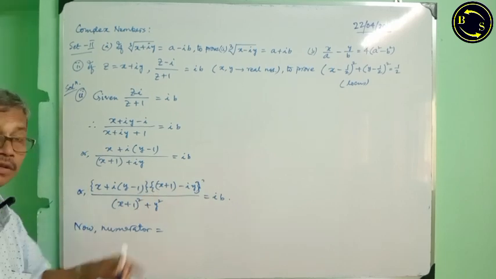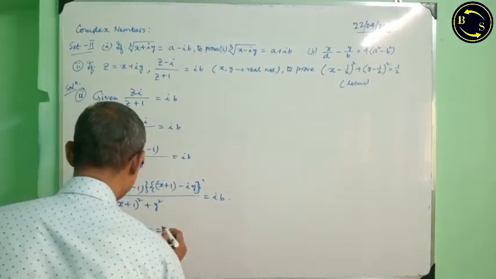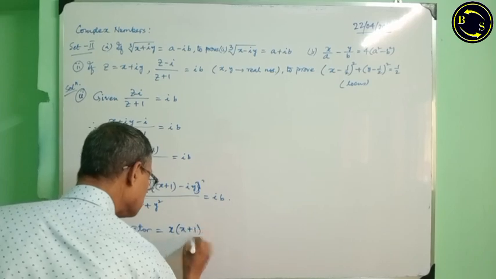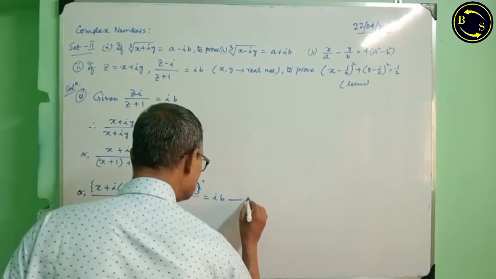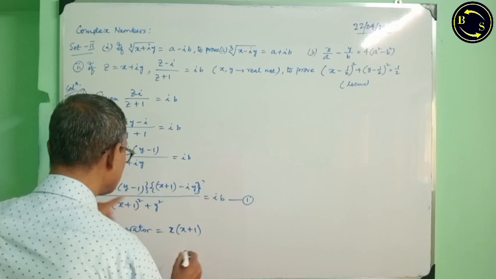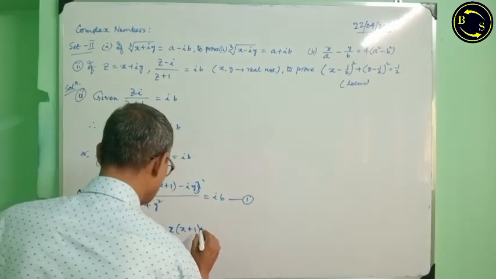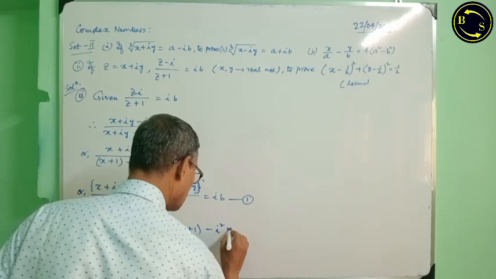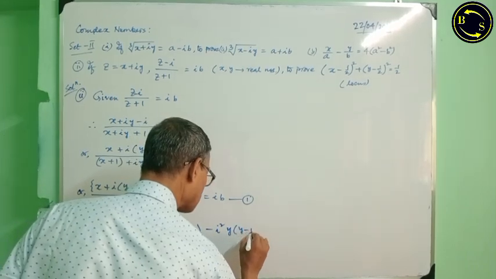First I simplify the numerator. x into x plus 1, minus i square, y into y minus 1.